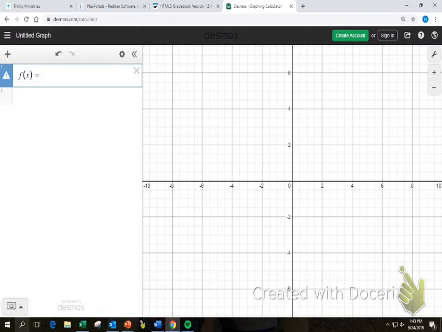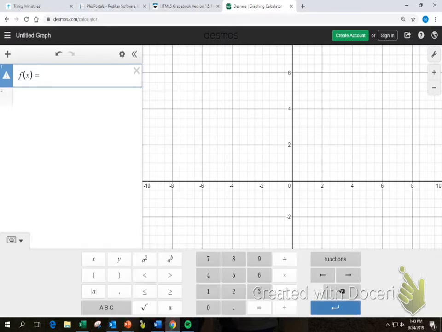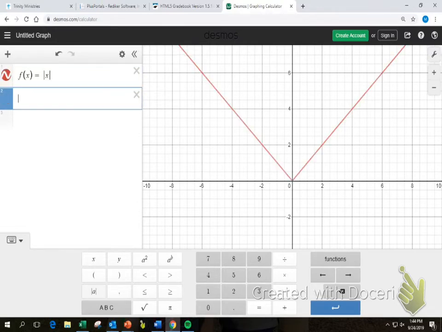Now, you have this little keyboard button on Desmos. If you hit it, this is where all of your symbols are going to come up. And you can see the absolute value symbol is right here. So we would insert the x, and then if you hit enter, it will close the absolute value bar for you. But do you see Desmos has now graphed for you?